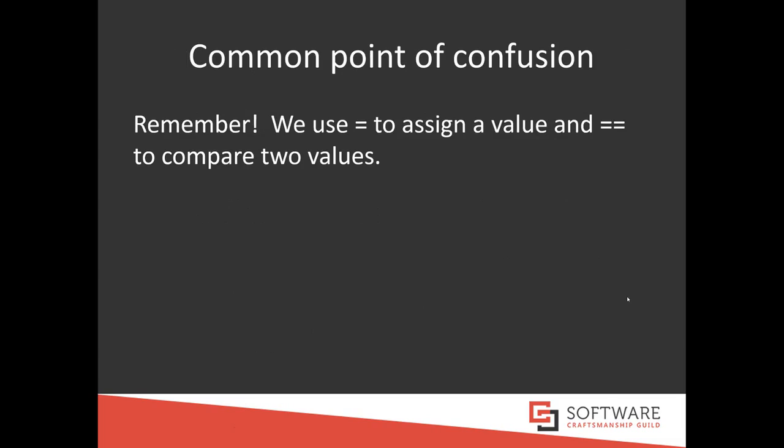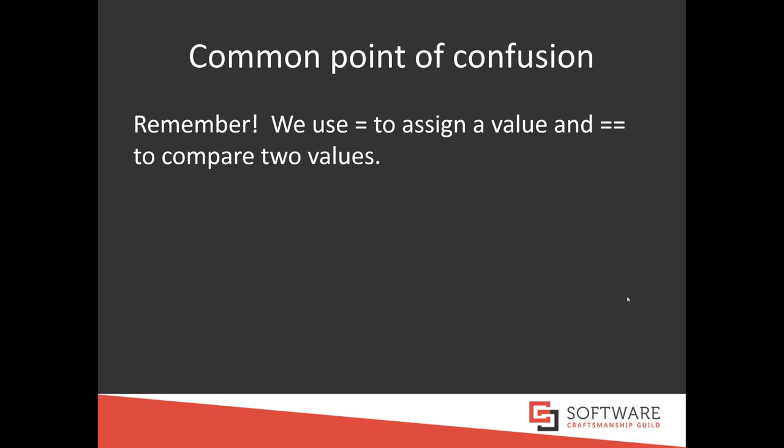I'm just going to draw special attention to this since I already mentioned it briefly. Common point of confusion. The equal sign assigns a value. The double equal compares two values.